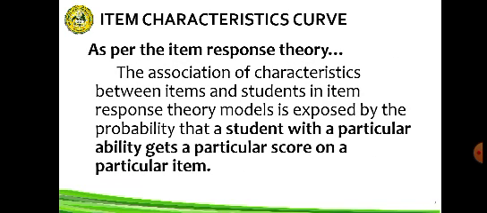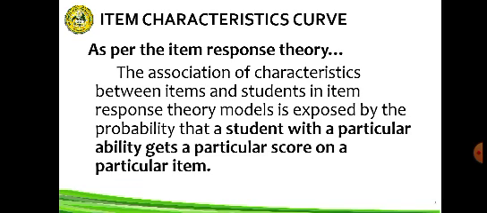As per the item response theory, the association of characteristics between items and students in item response theory models is exposed by the probability that a student with a particular ability gets a particular score on a particular item.